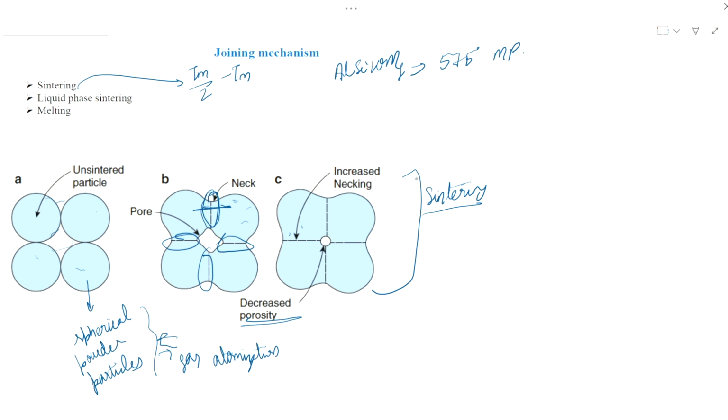Now just imagine there will be more adjacent particles. This process will keep continuing. Ultimately, the density of the component in the sintered product is less.